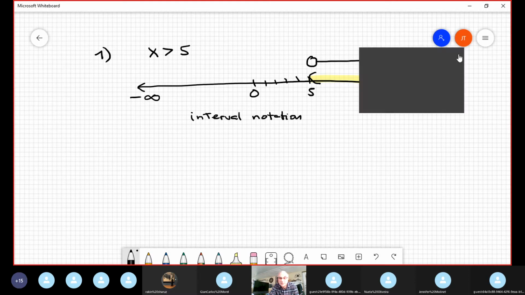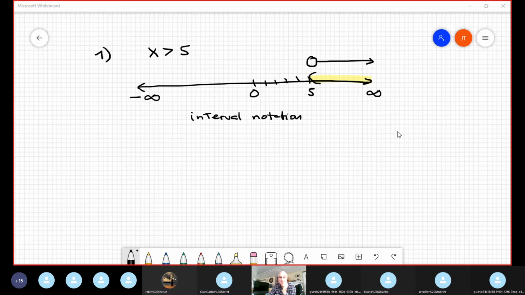Okay. I highlight from 5 to infinity, no? So one possibility to express the notation using parentheses is equivalent to putting the circle open. The parenthesis is equivalent to the open circle, and the bracket is equivalent to the full circle or closed circle.